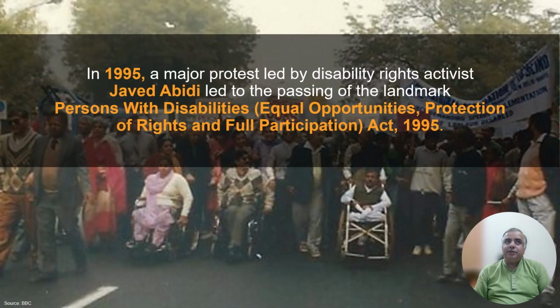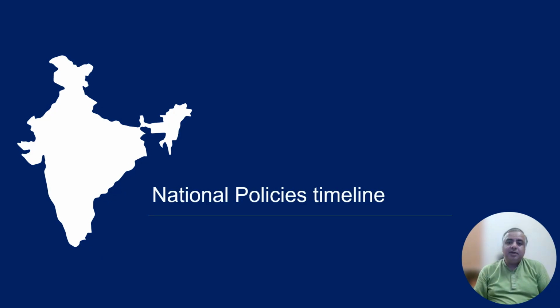This led forward in 1995 a major protest by the disability rights activist Javed Abidi, leading to the passing of the landmark Persons with Disabilities Act 1995, in brackets equal opportunities, protection of rights, and full participation. This brings us to the point to understand and look back how the national policies towards inclusion evolved in India.